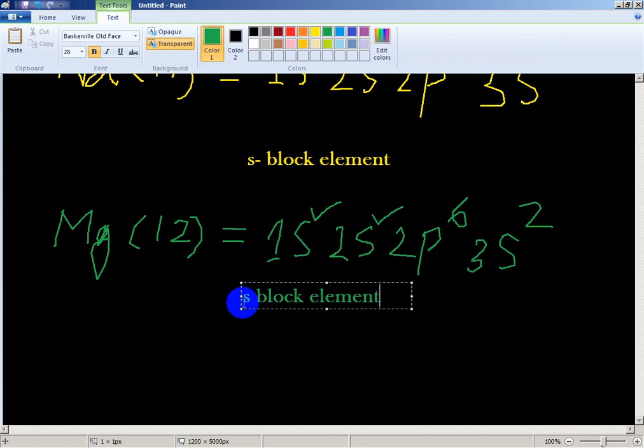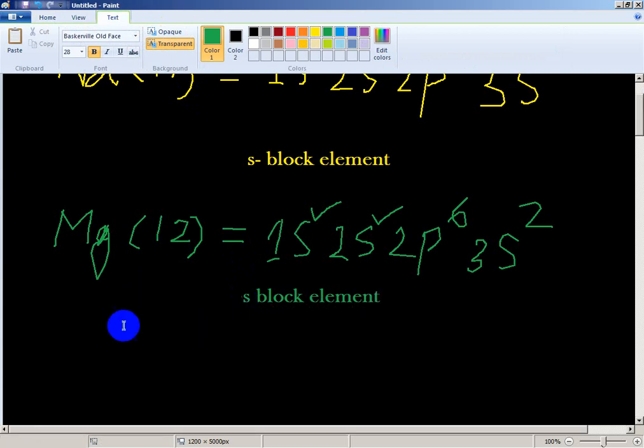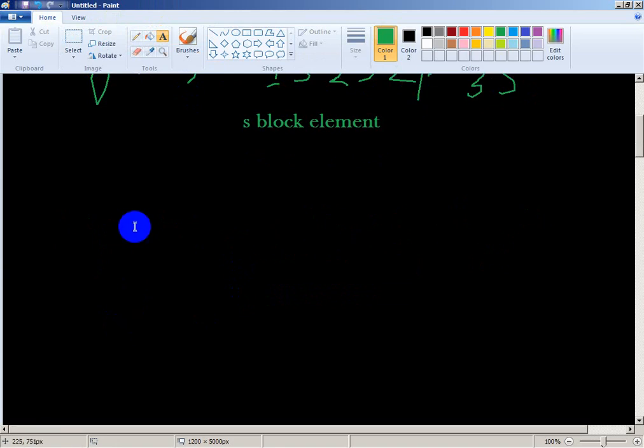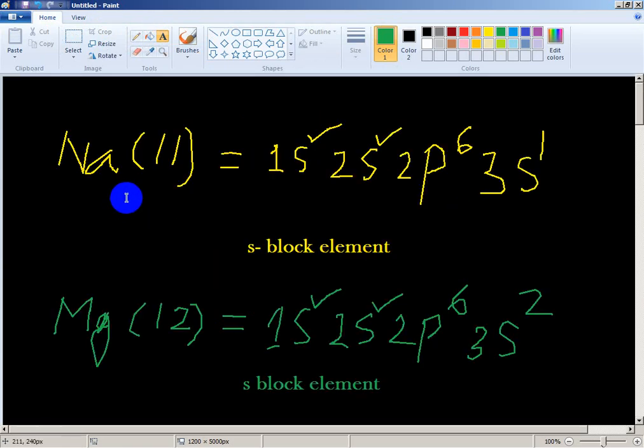Now we see phosphorus. Sodium is group 1, and all group 1 elements are s block elements. Magnesium is group 2, and it is also an s block element.